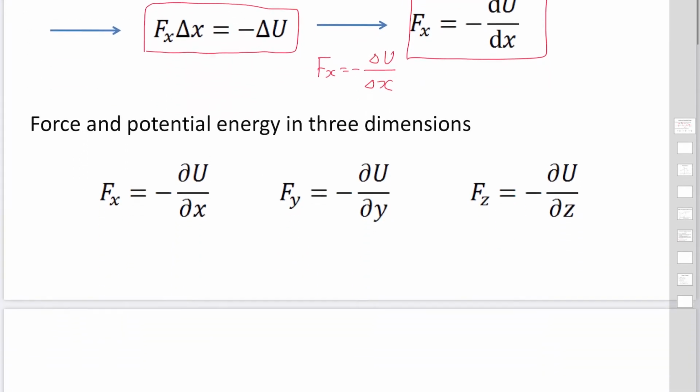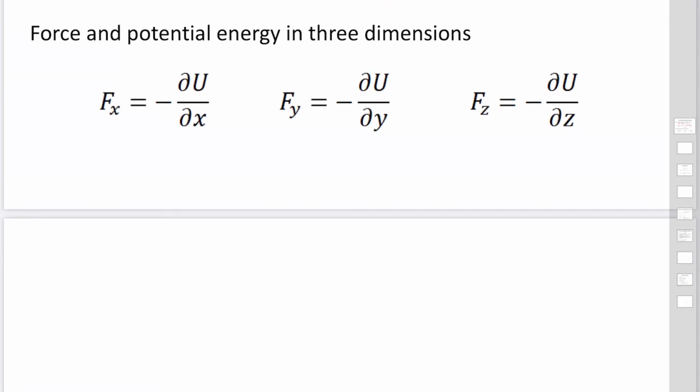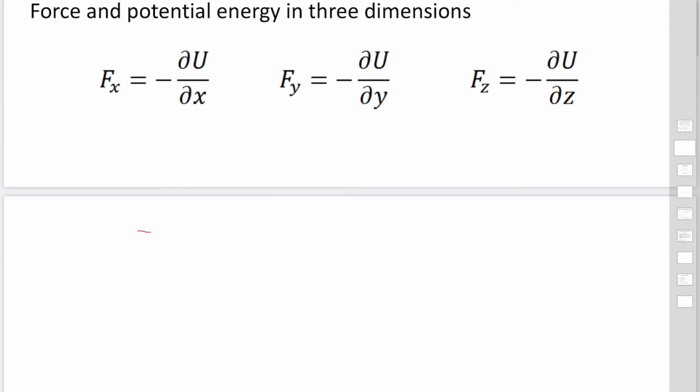In the case of three dimensions, again we can express F dot delta R. This is actually the work, and the work is equal to minus delta U. So this is a scalar product.